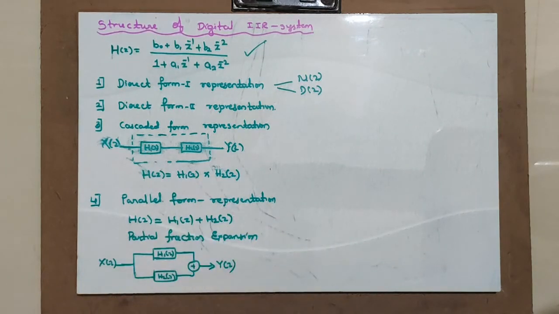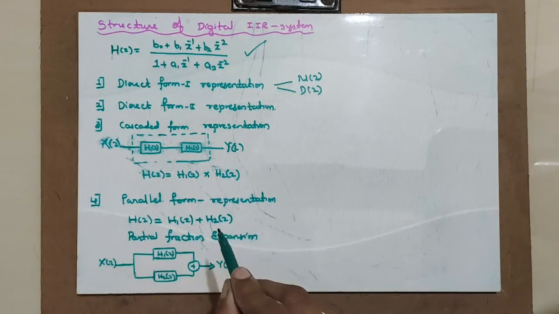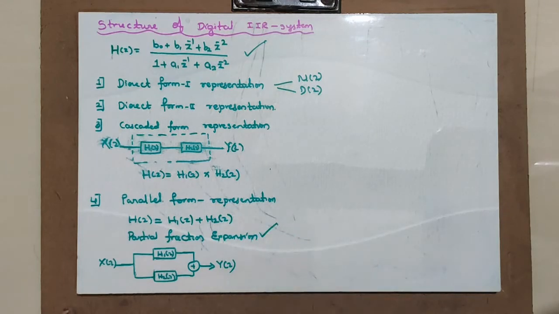Parallel form representation is the fourth way of realization. It is done in such a way that H(z) becomes equal to H1(z) plus H2(z) plus H3(z), and so on. We are mainly making a partial fraction expansion here. Please note that partial fraction expansion is used to implement the parallel form.